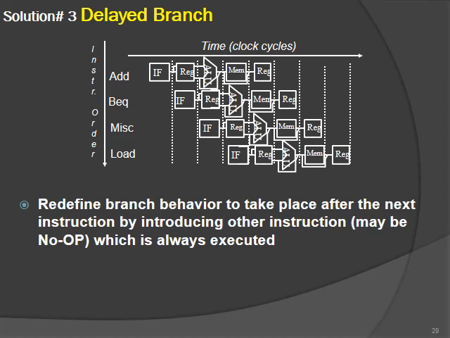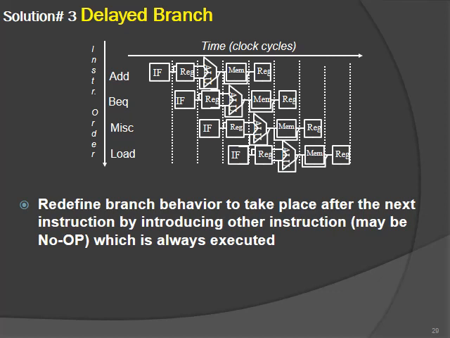The third solution is delayed branching. It is the redefining of the branch behavior to take place after the next instruction, where another instruction can be introduced. It may be a no operation.